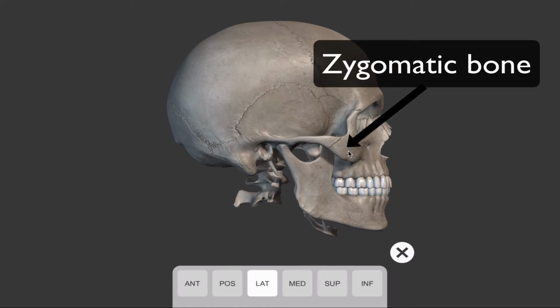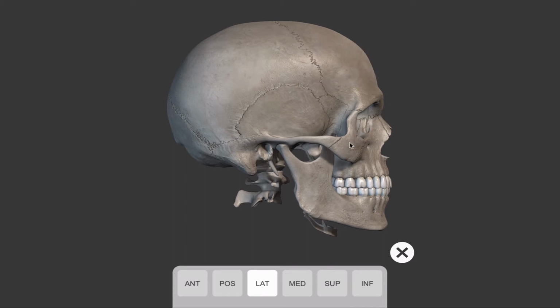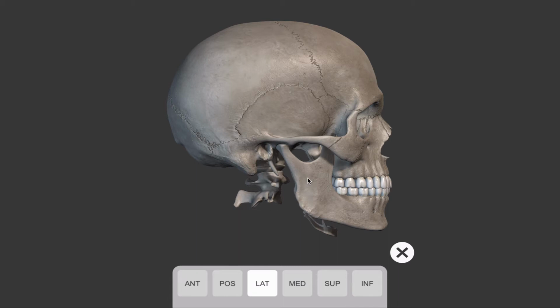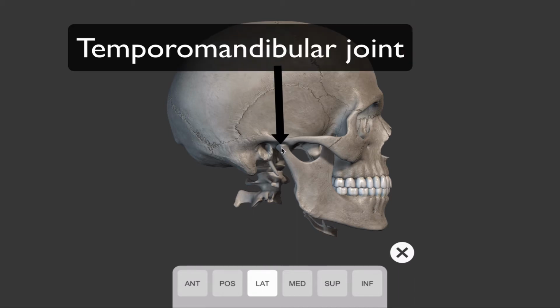This bone right here that makes up your cheek is called the zygomatic bone, as compared to the zygomatic process of the temporal bone. The lower jaw is the mandible. It is the only bone in the skull that has a freely movable joint, and this is called the temporomandibular joint, the joint between the mandible and the temporal bone.